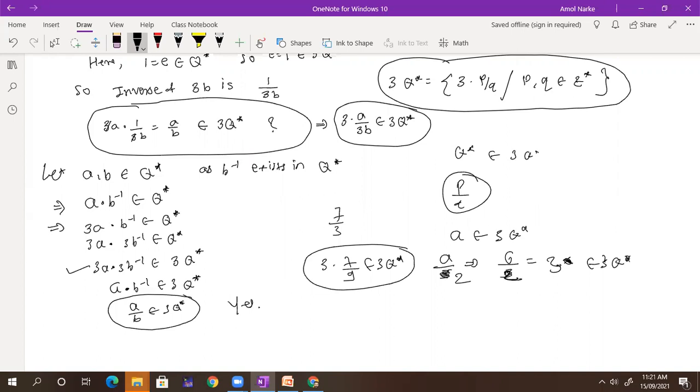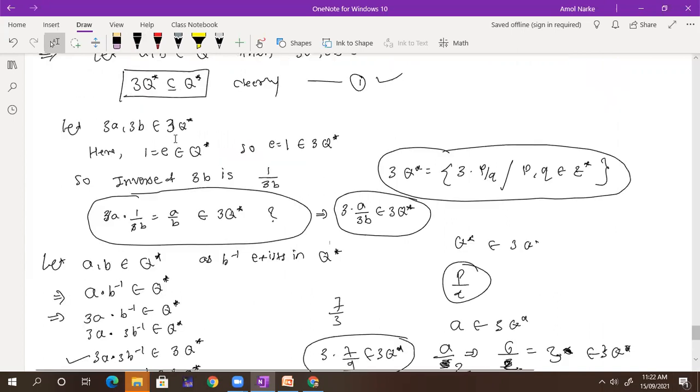Because you can write 3 into A divided by 3B, which belongs to 3Q star. That's it. What I started with here, A and B belong to 3Q star, and I am getting A into B inverse also belongs to 3Q star.